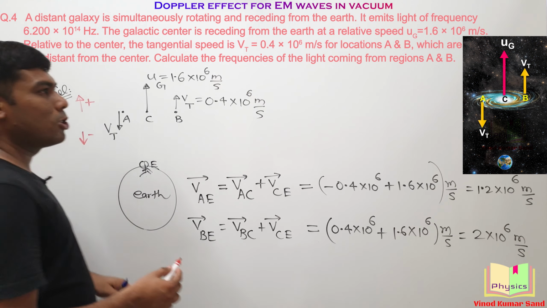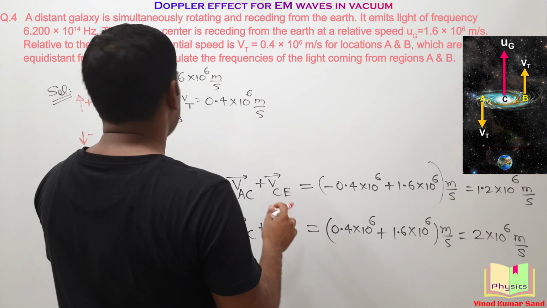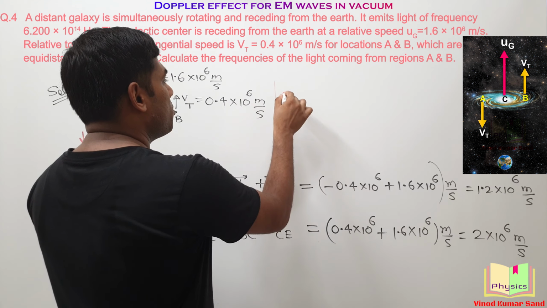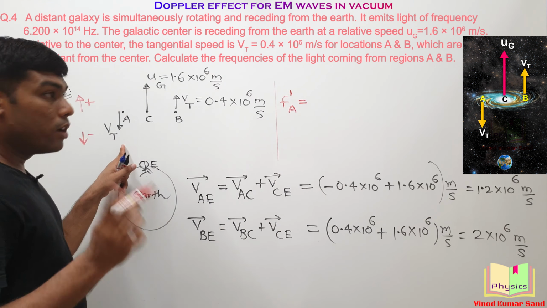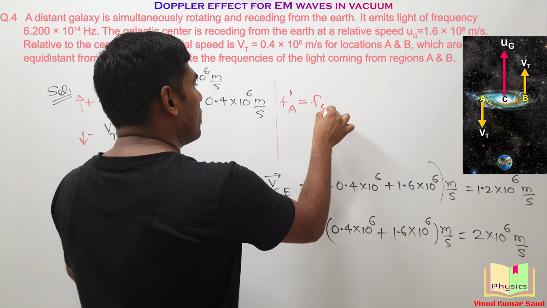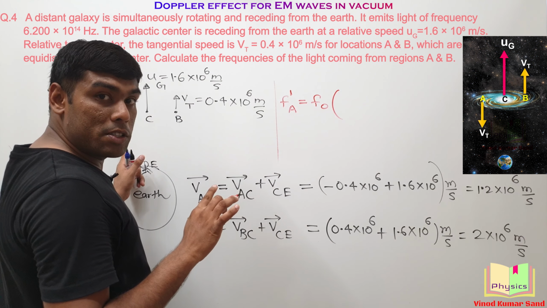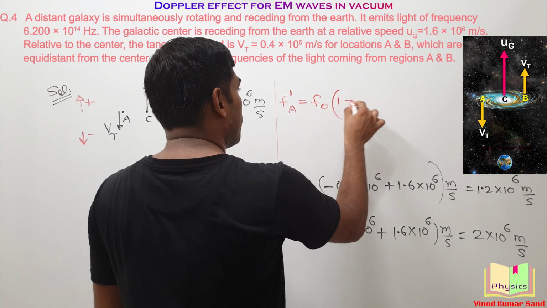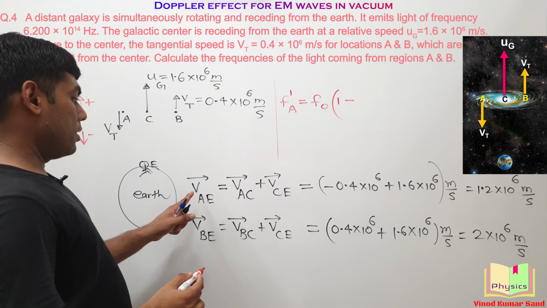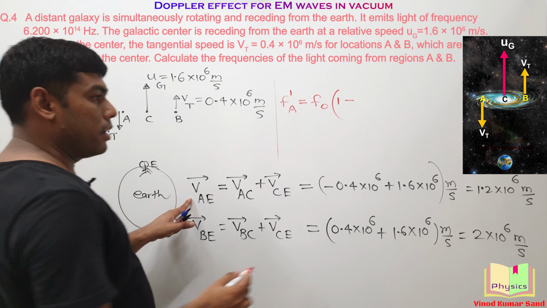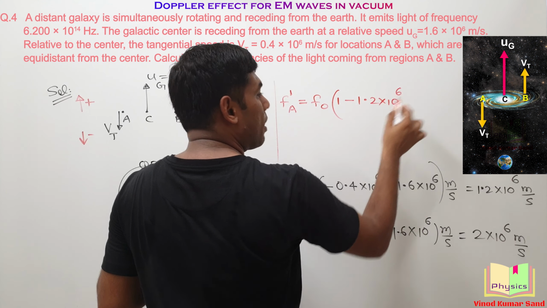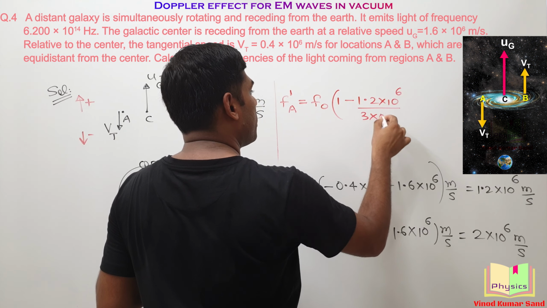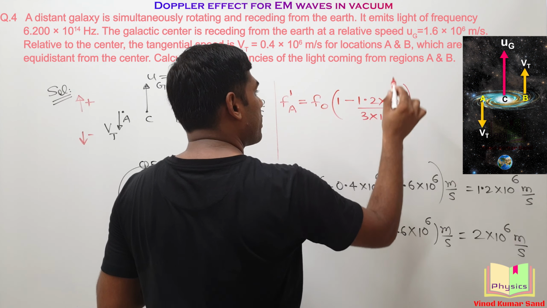Now for red shifting, we can use the formula. So that computation I am doing here. Suppose f dash a is equal to f naught, and the observed frequency will be less, so 1 minus this data. For A, it is 1.2 into 10 to power 6 divided by 3 into 10 to power 8.